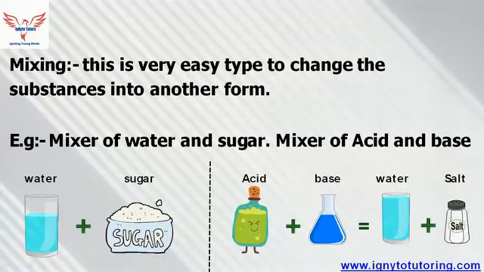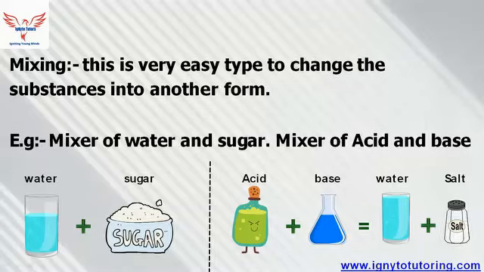And the last one is mixing. This is a very easy way to change a substance into another form. What does mixing define? Combining or putting two substances together to form one new substance. If I mix sugar with water, I can see the taste of the water gets changed.